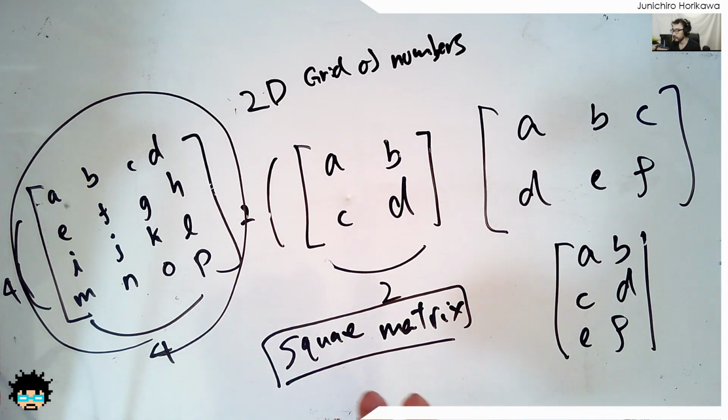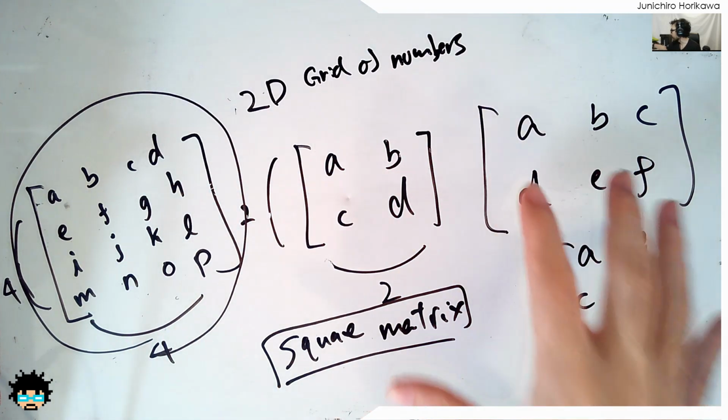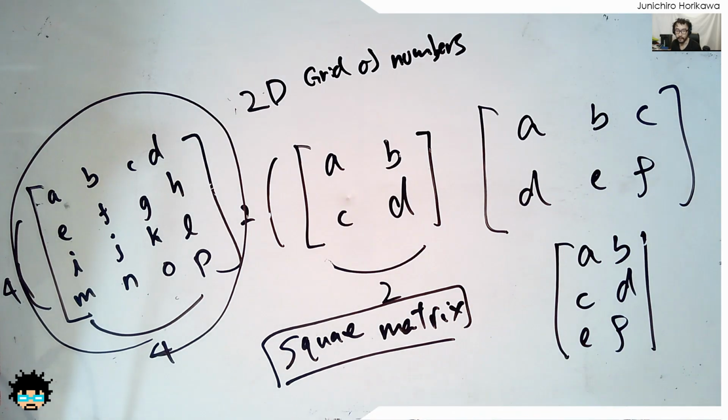Actually, the matrix itself is just about this grid and nothing more. But there are several rules for the matrix in terms of calculation, so I'm going to show you how those calculations work by showing the result in Houdini.